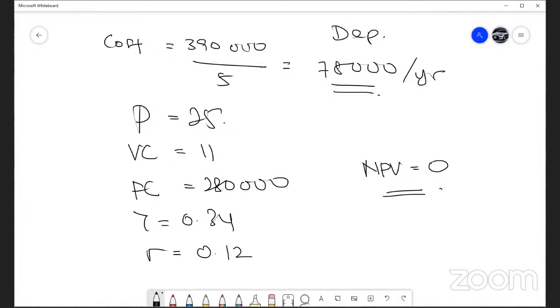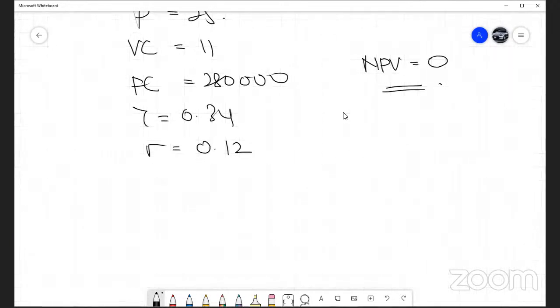So for this question, you use the accounting break even formula, but it's a bit more complicated, because they take into consideration the tax rate, the fixed cost, and the discounting rate also.